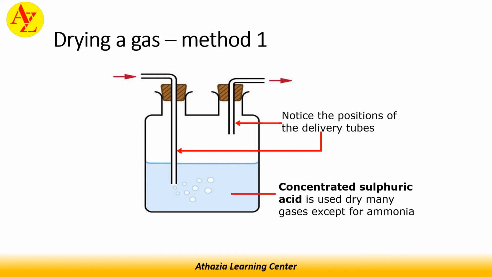Here we use concentrated sulfuric acid as the drying agent. This sulfuric acid is useful to absorb moisture or to dry any kind of gas except ammonia.